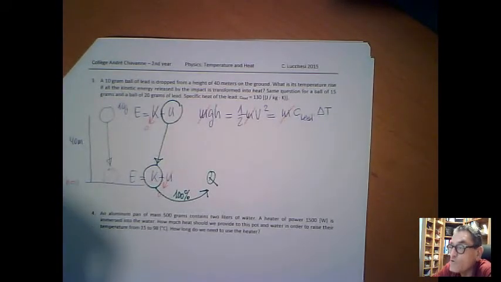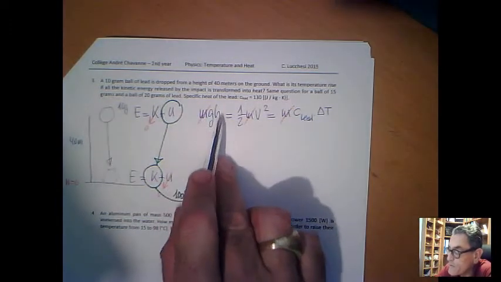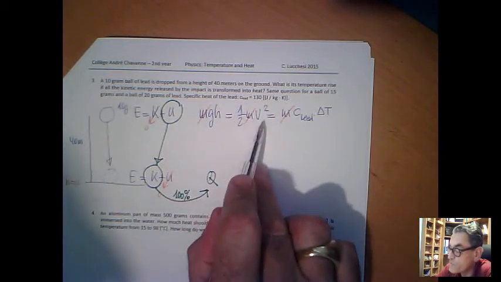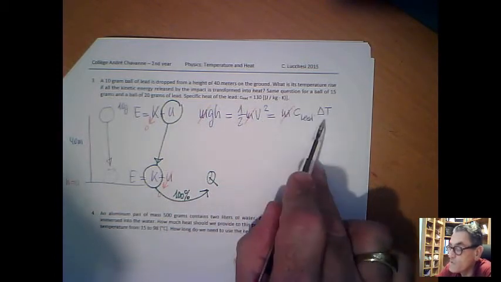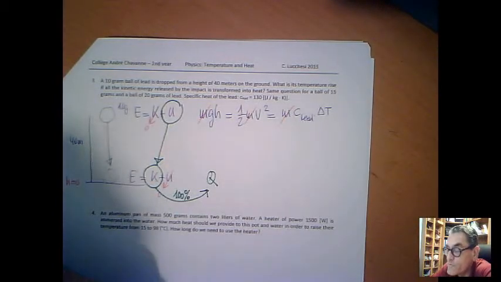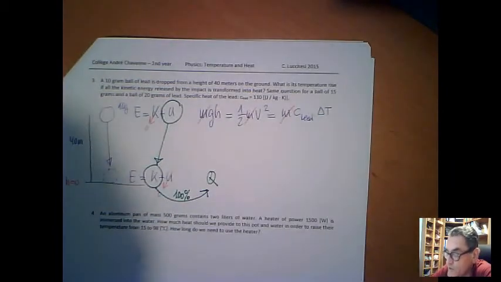The equation no longer depends on the mass, because the more mass you have, the more potential energy you have, but also the more kinetic energy you have and the more thermal energy you have. All these quantities are proportional to the mass, so we can erase the mass. And so if you have a ball of 10 grams which is falling, or if you have a ball of 10 kilos, the temperature difference inside it is going to be the same. Okay?